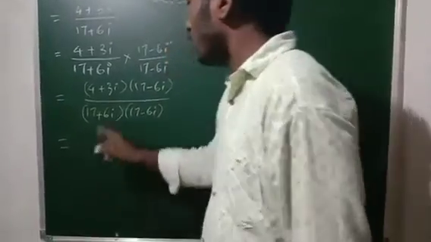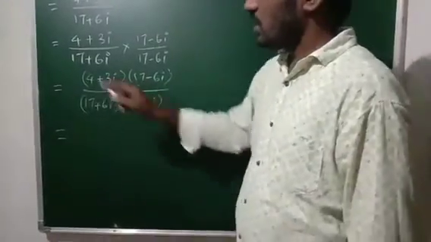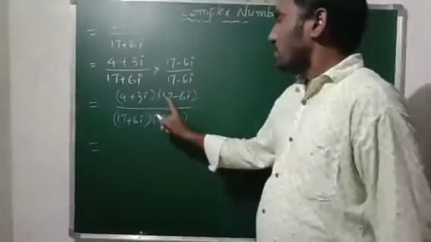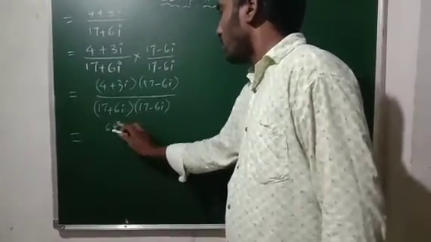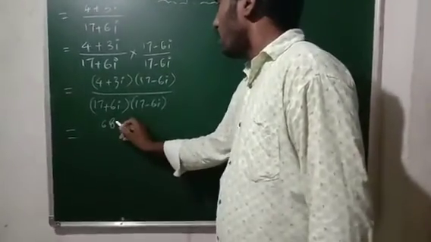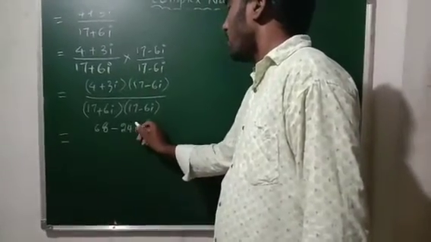So this is equal to, multiplying these two terms, 4 into 17, that is 68. Next, 4 into −6 is −24i.